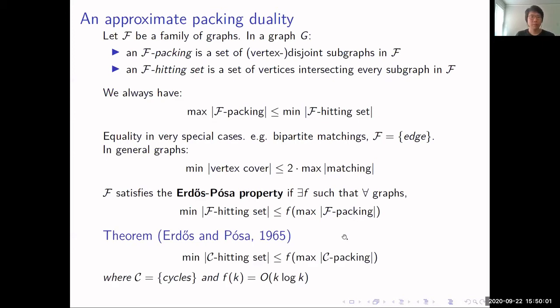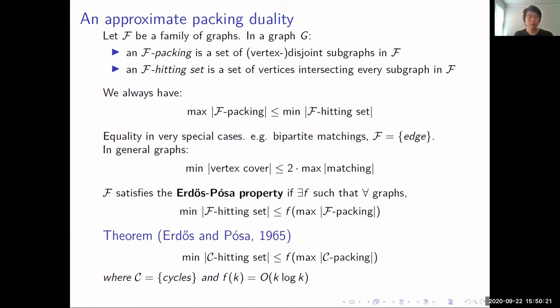The name comes from a very famous result of Erdős and Pósa from the 60s that if you take the family to be the family of cycles, then indeed cycles satisfy this property, where f of k, the function, is big O of k times log k.